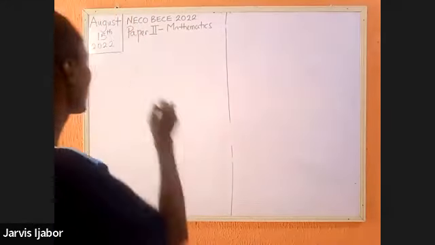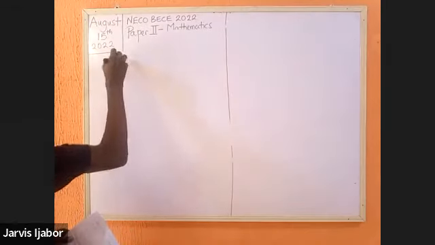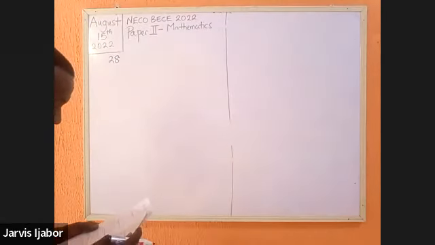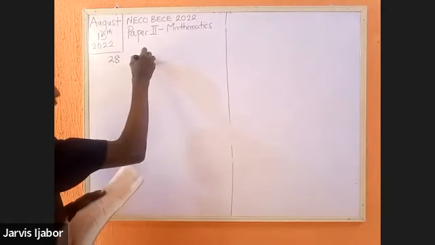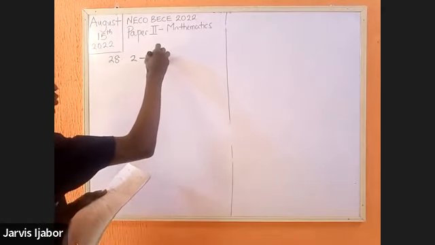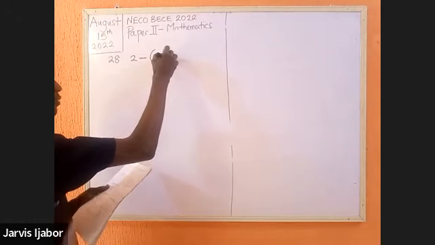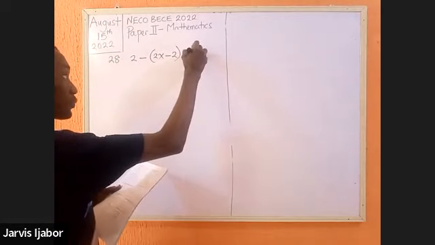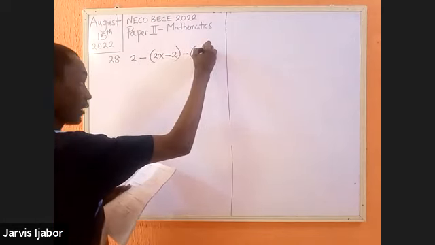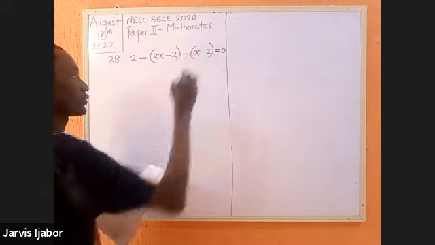So in question 28, we are told to solve the equation 2 minus (2x minus 2) minus (x minus 2) equal to 0.